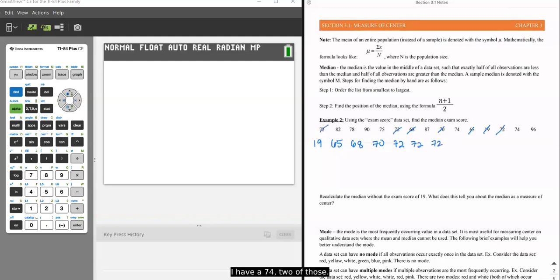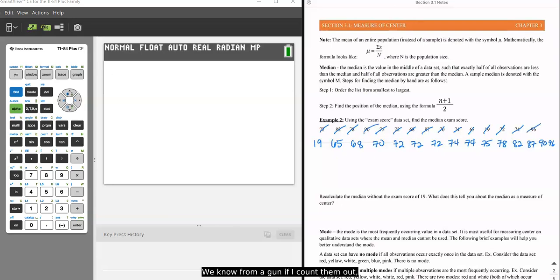I have a 74, two of those. I have a 75. I have the 78, the 82, the 87, 90, and I'm running out of room, and then the 96. So I have all my pieces of data lined up.